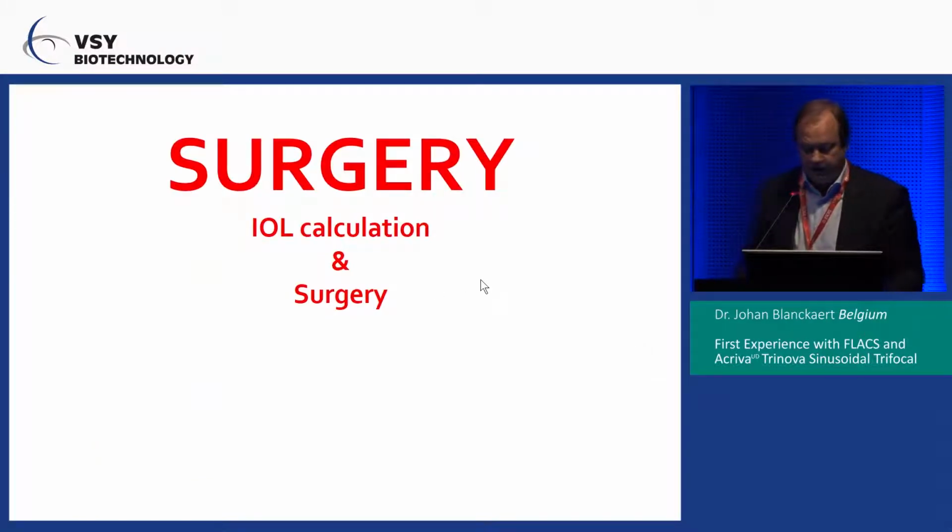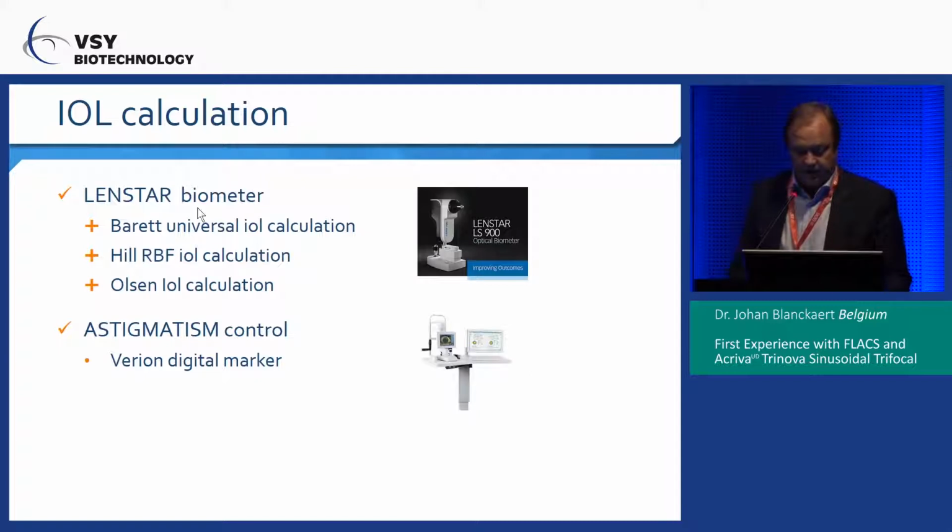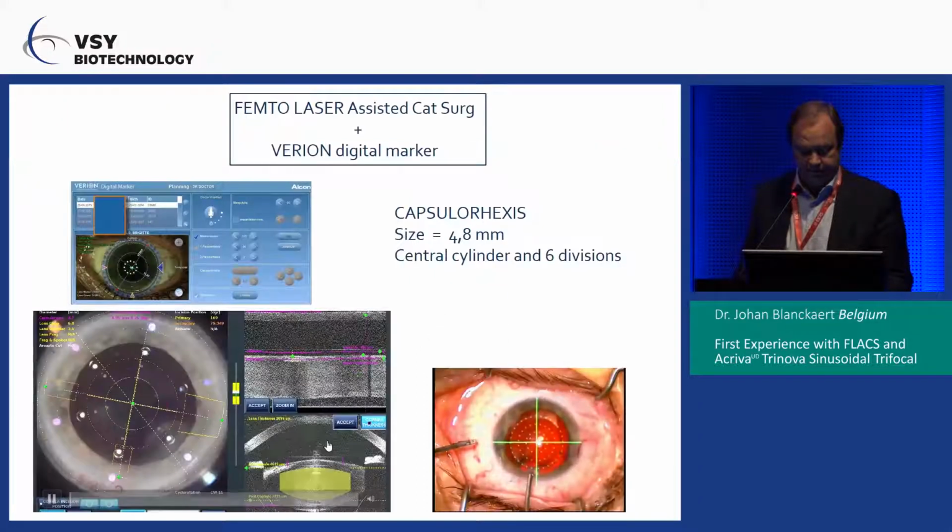So the surgery is the IOL calculation. We have the A constant list on the ulib.org. I use the Lenstar biometer with three formulas, the Hill RBF, Barrett Universal, and the Olsen IOL calculation for the calculation of my IOL power. The astigmatism control is by the Verion digital marker.